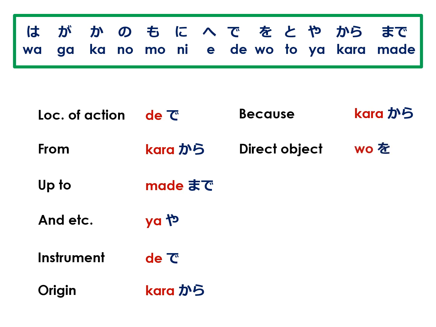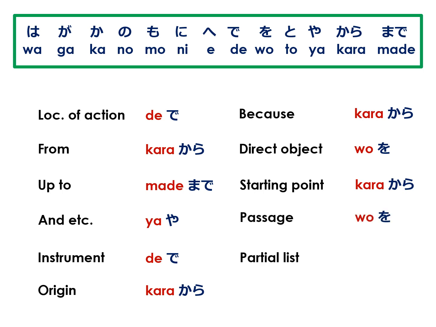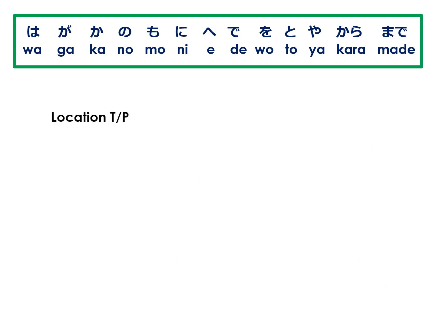Direct object. Wo. Starting point. Kara. Passage. Wo. Partial list. Ya. Answers what of the verb. Wo. Location of a thing or person. Ni. Question. Ka.